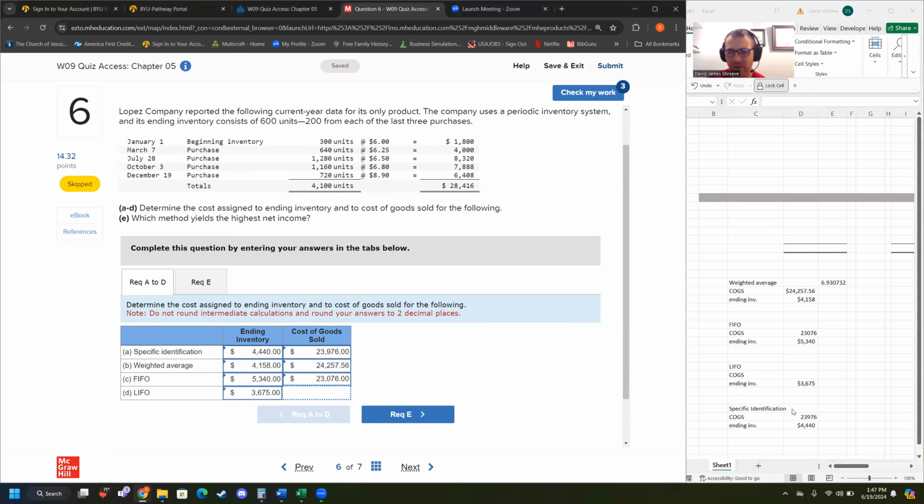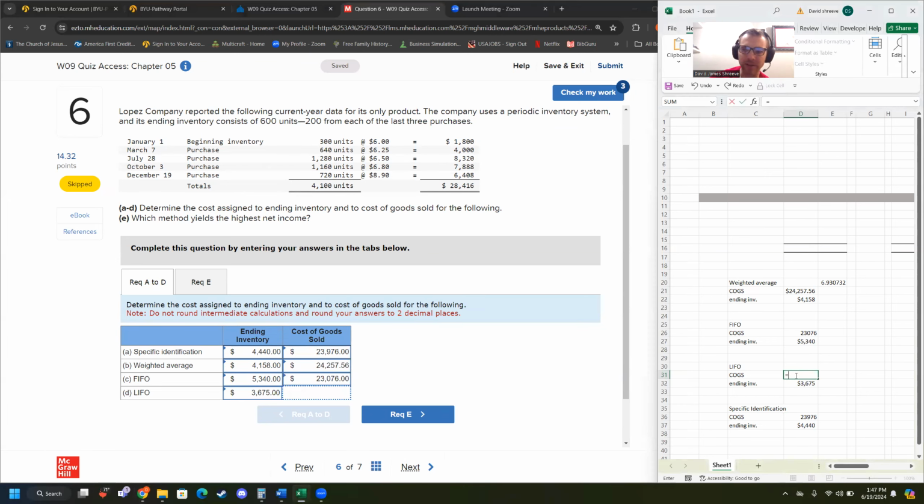So we hit the equal sign because we remember and we're smart like that. 720 times 8.9 plus 1160 times 6.8 plus 1280 times 6.5 plus 340, we only have 340 of those, times 6.25.